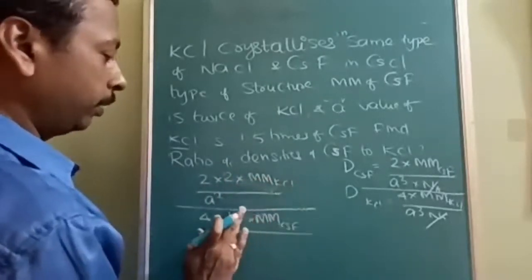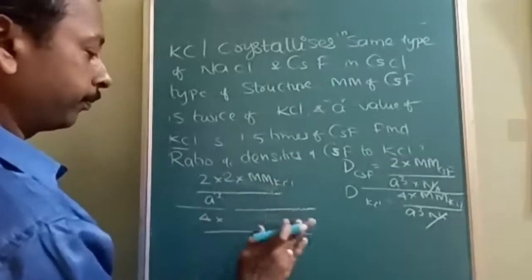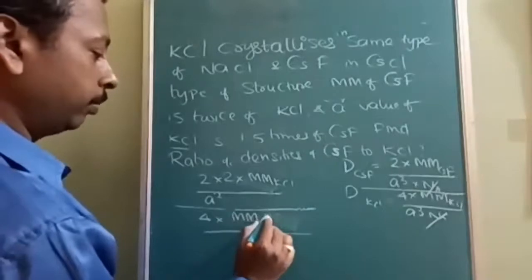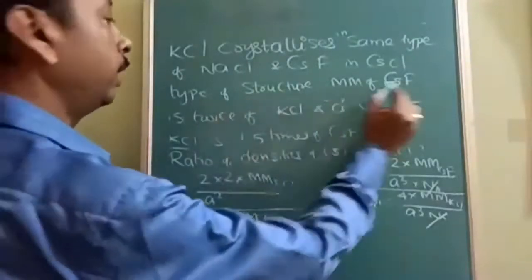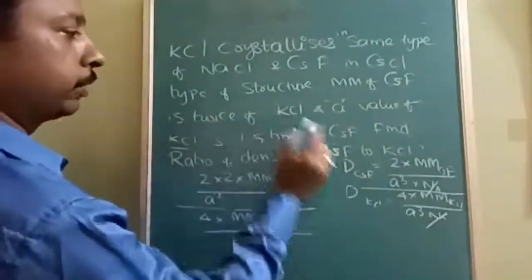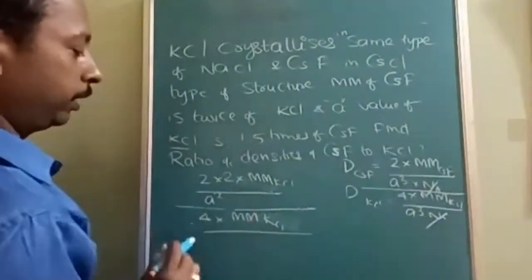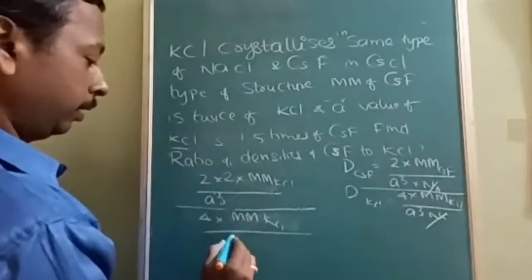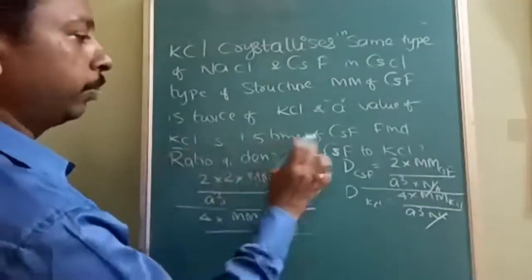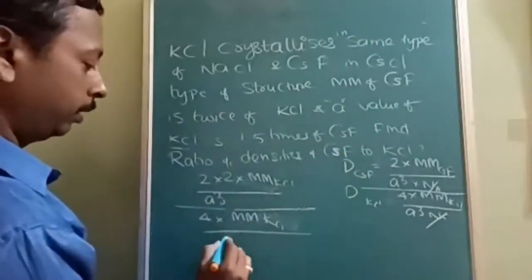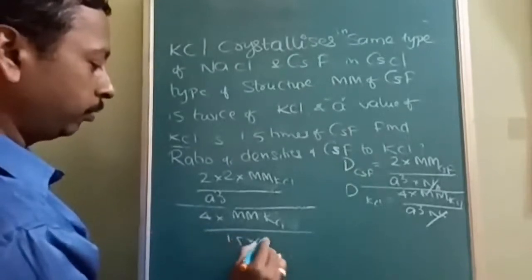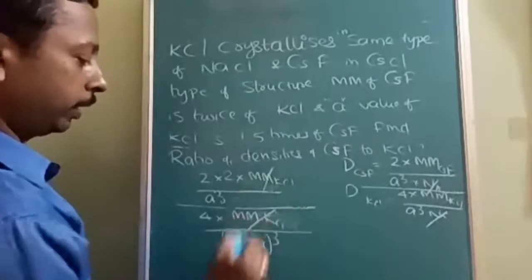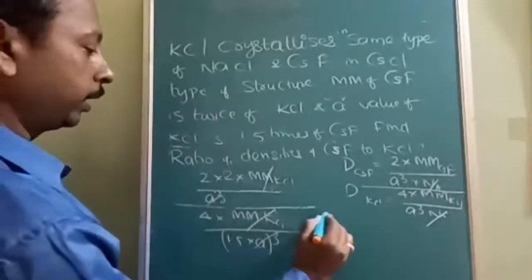The molecular mass of KCl is going to be the same. And the A value of KCl is 1.5 times that of cesium fluoride, so 1.5 into A whole cube. So A cube and A cube will get cancelled.